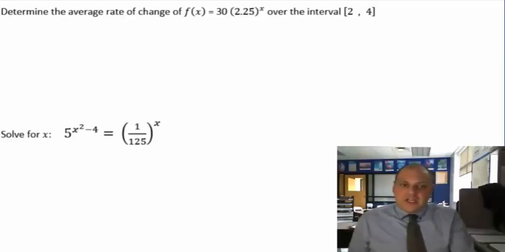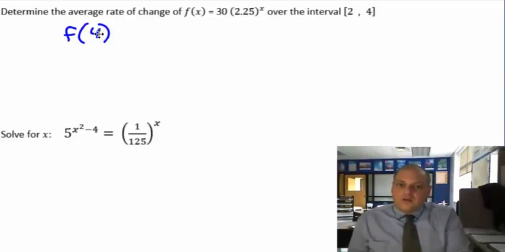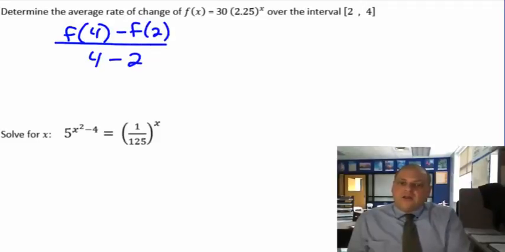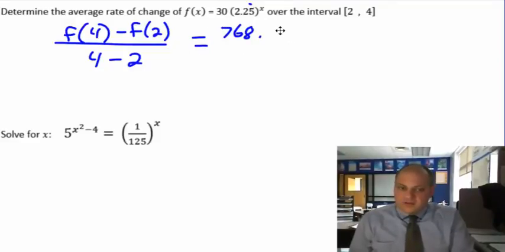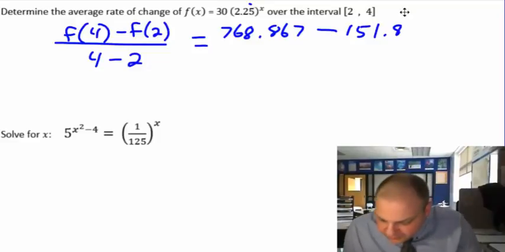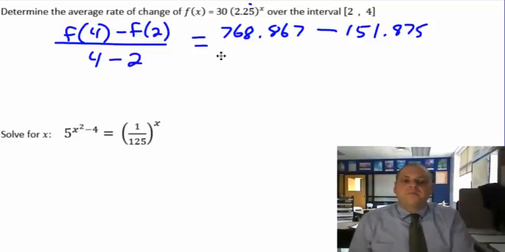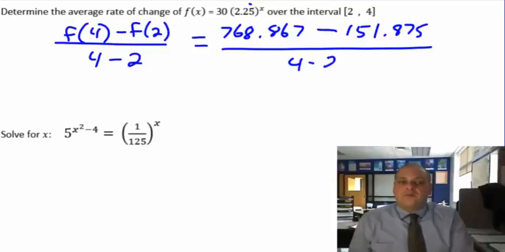We have average rate of change over the interval. So we're going to do f of 4 minus f of 2 over 4 minus 2. Now, I did these ahead of time to save time. You could put this in your calculator, the y equals, or you could plug in 4 and plug in 2. You get 768.867 something minus 151.8 something 75 over 4 minus 2.